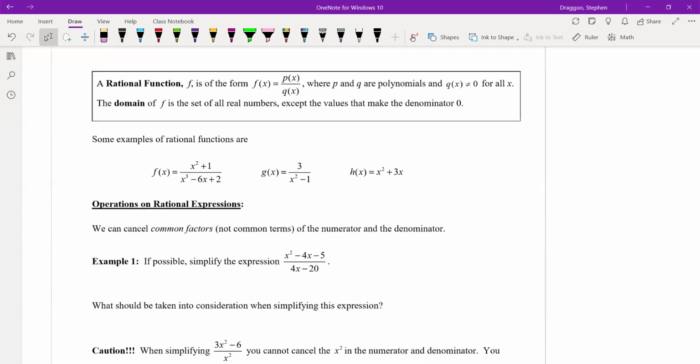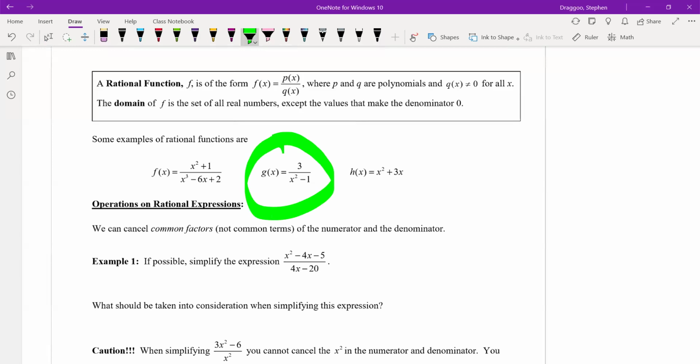But let's apply that stuff to rational functions. Again, a rational function has a polynomial for the numerator and a polynomial for the denominator. Here's a few examples. This first one has a degree 2 polynomial for the numerator and a degree 3 for the denominator. So that's a rational function.